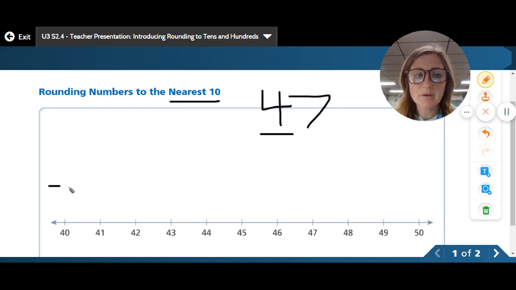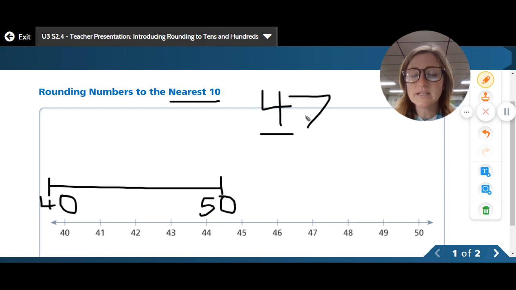So if I'm going to draw a number line to show my work, I would need my number line to start with 40, just like the one at the bottom of the screen does, and then it's going to end at 50, because 47 comes between 40 and 50.